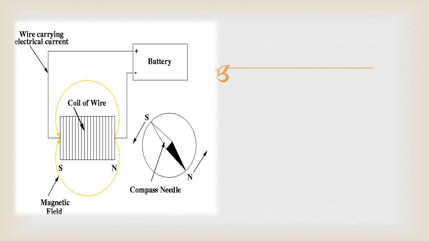A magnetic field will be produced. Why will a magnetic field be produced? Because here we have kept a magnetic needle, and the flow of electrons will cause the needle to move, and due to this a magnetic field around the wire will be produced, and the bulb will light up.